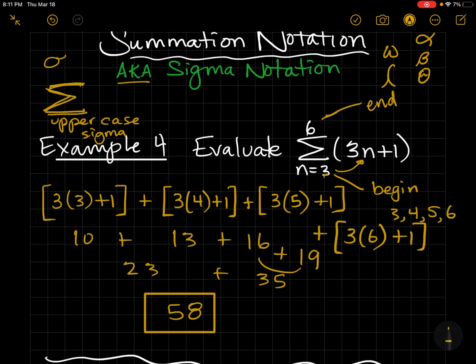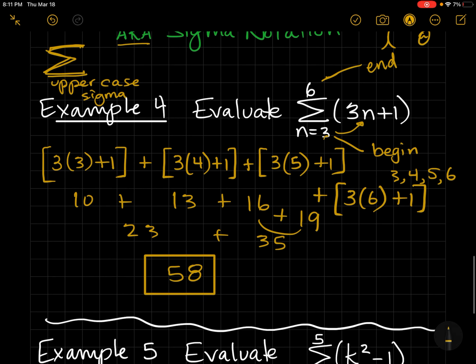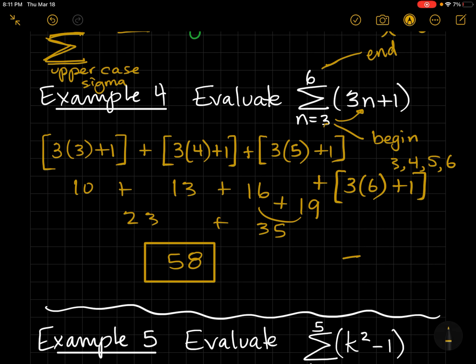By the end of this chapter, you'll be able to do something like n equals 1 to 98 of 5n plus 3 or something like that. And it won't take long. You won't have to add up all of those different numbers. I'll show you how to do it with a simple formula.